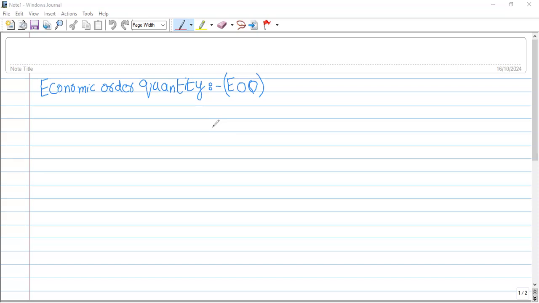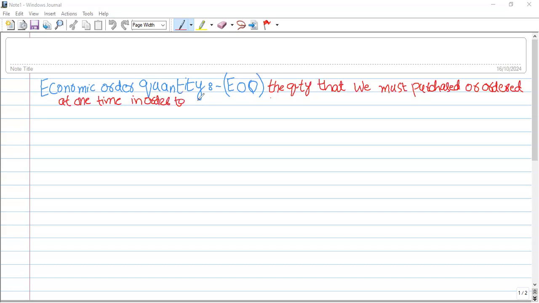So, if we define the economic order quantity, we say it is the quantity that we must purchase or order at one time in order to reduce annual inventory cost.